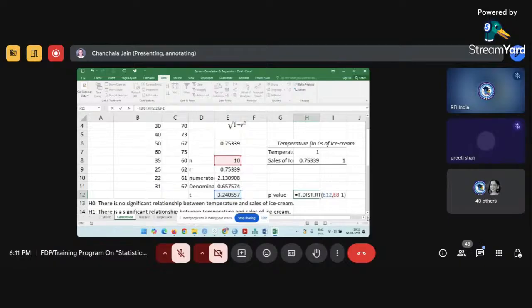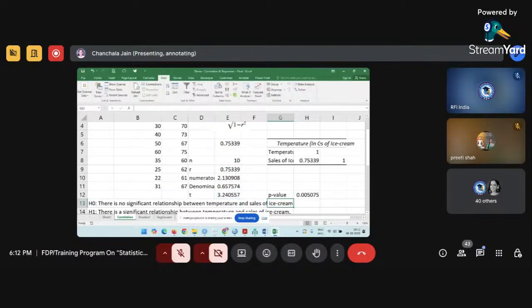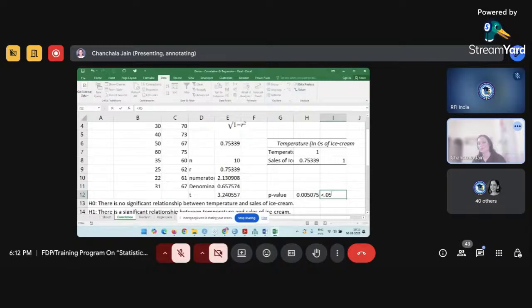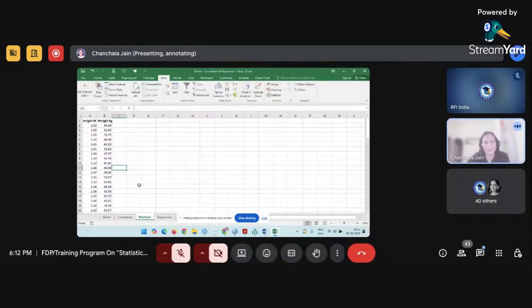So we are getting the p-value 0.005075, which is less than 0.05, right? Yes or no? So we can comment that the correlation is significant between the temperature and the sales of ice cream. I hope it is clear. If it is clear, the next sheet you can use for your practice purpose.